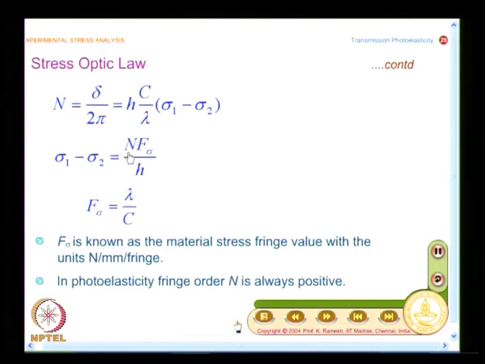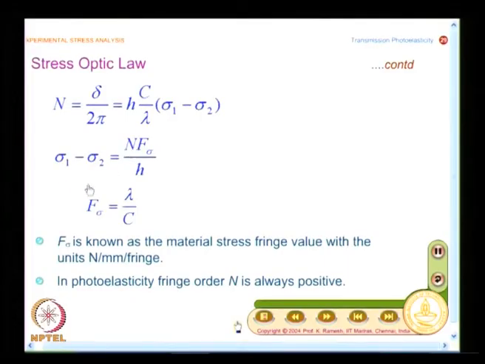I cautioned you even several classes back that in all optical techniques, finding out the fringe order is tricky. You do not get it in the first go. You have to use auxiliary methods, you will have to develop engineering acumen, you have to verify from various methods of finding out. And then another question is, you find only the fringe order at the fringes, you do not find out in between fringes.